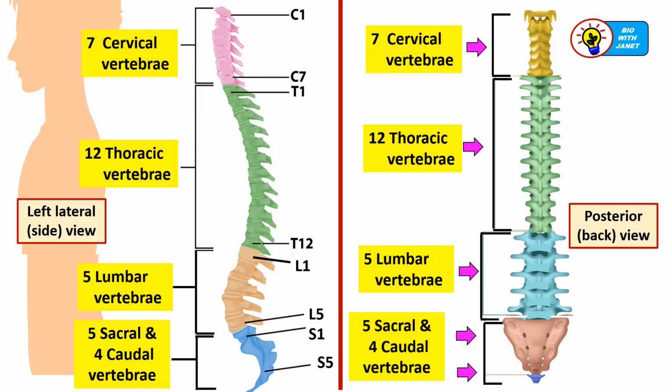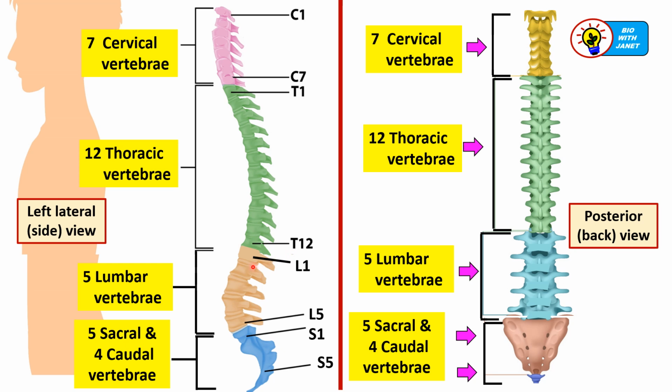So now let's discuss the 5 different types of vertebra, one by one. Now, in the human body, we have 7 cervical vertebrae, which are in the neck region, right? And we have 12 thoracic vertebrae in the region of the thorax to articulate or form joints with the ribs.